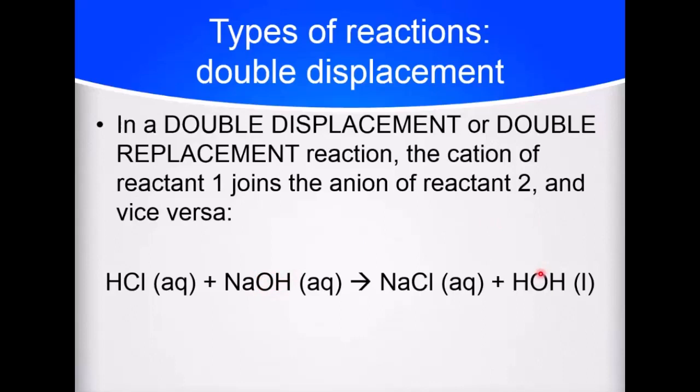Very helpful oftentimes to think of water as HOH instead of H2O. I take the Na plus cation and the Cl minus anion of the other component, and I make table salt, sodium chloride. So I've split each compound down the middle and swapped halves. If you were raised in the South like me, this would be a do-si-do if you were square dancing.